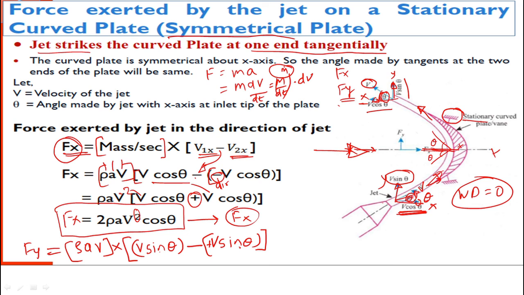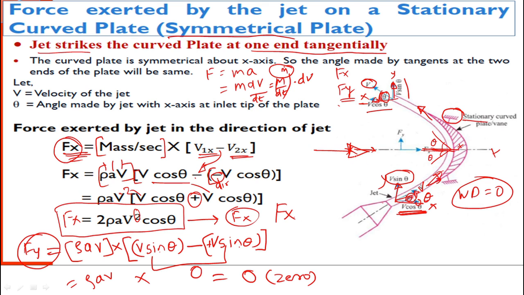Now V sin theta minus V sin theta is 0, and multiplied by the mass flow rate, the total force in the y direction will be 0. That's why Fy will be 0, but Fx will be 2 rho a V square cos theta. So that's how we got the force acting on the stationary curved plate, which is a symmetrical plate, when the jet strikes at one end tangentially to this plate.